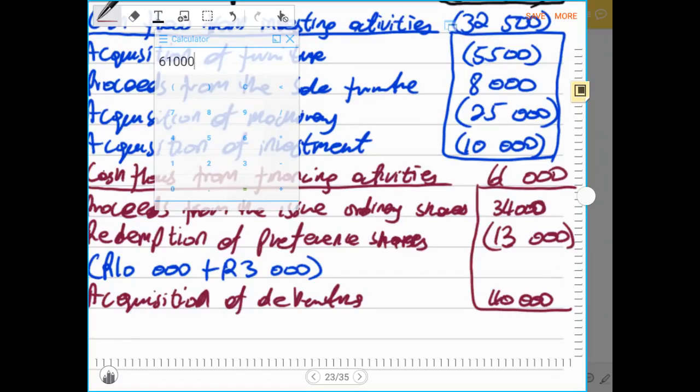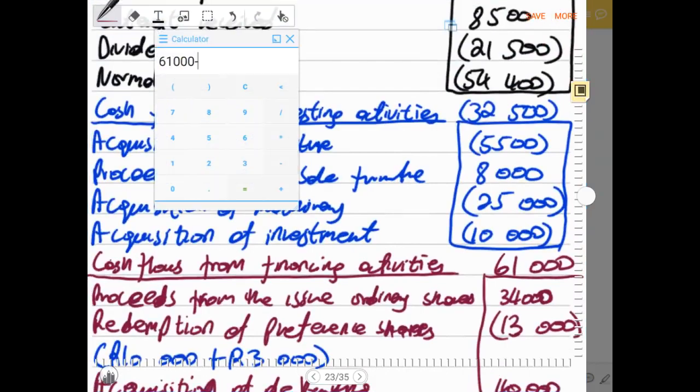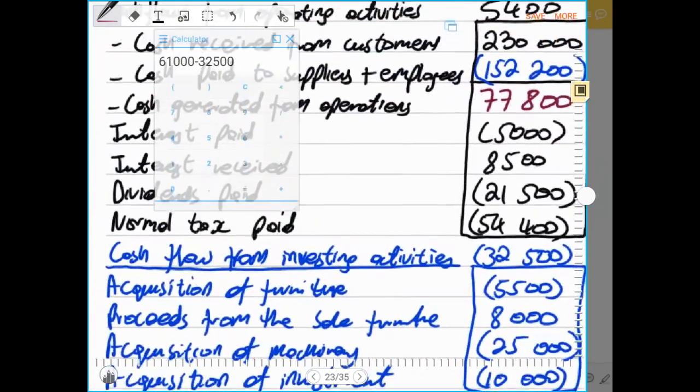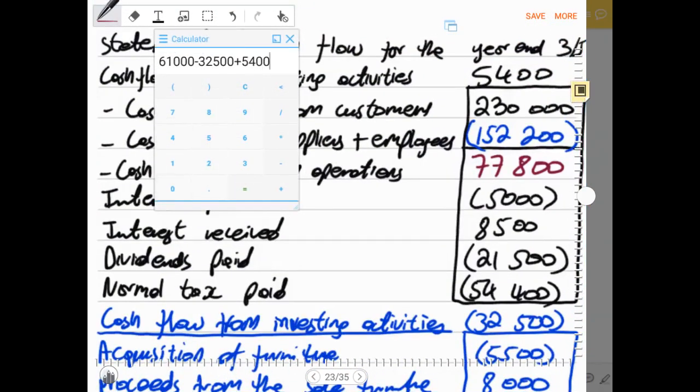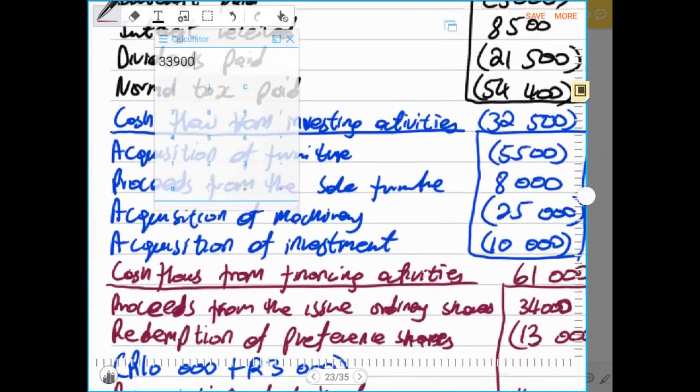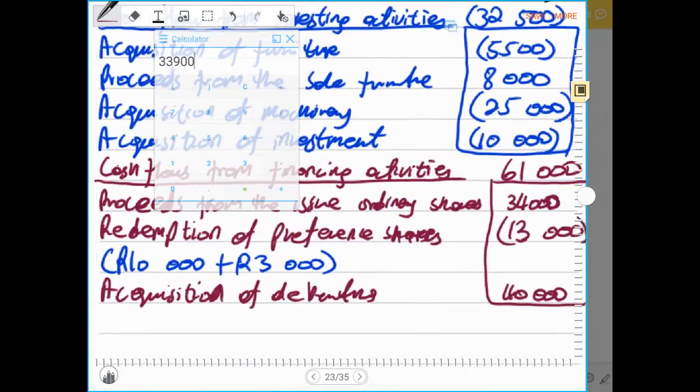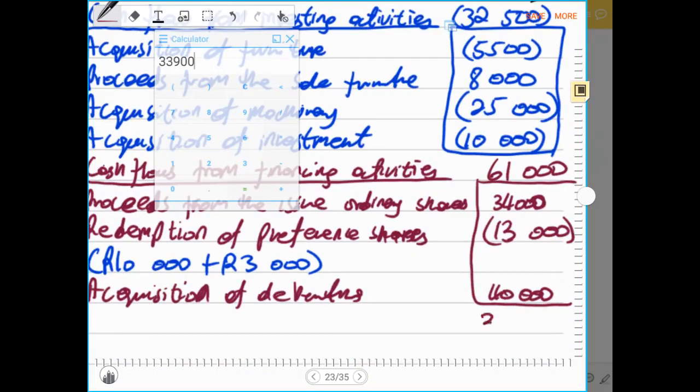Therefore, now we can say 61,000 rands positive minus 32,500 cash flow from investing activities plus 5,400, which is cash flow from operating activities. And this will give us 33,900 rands.